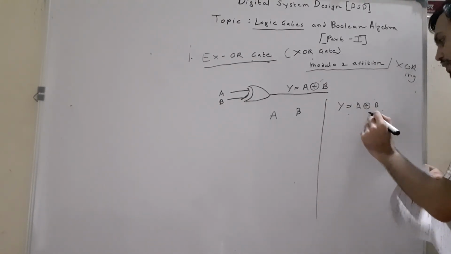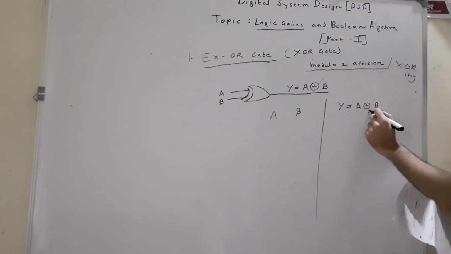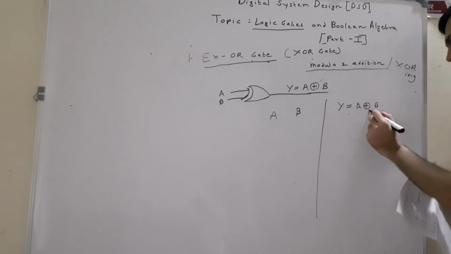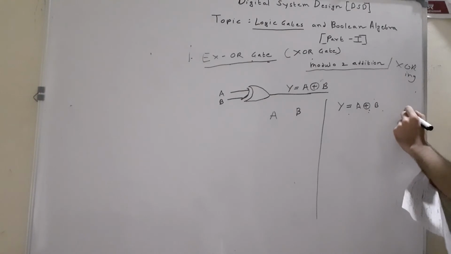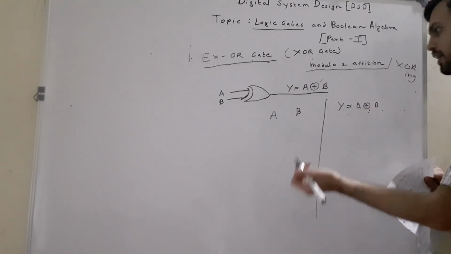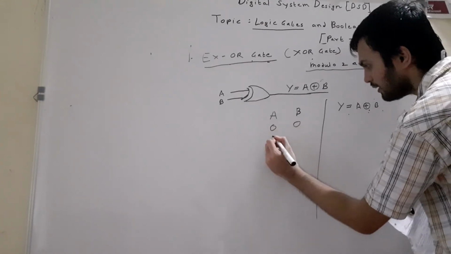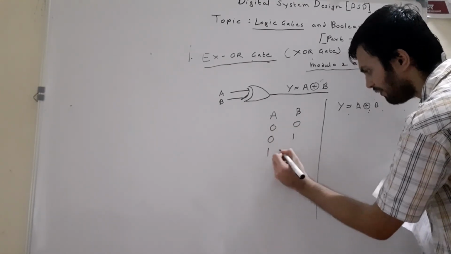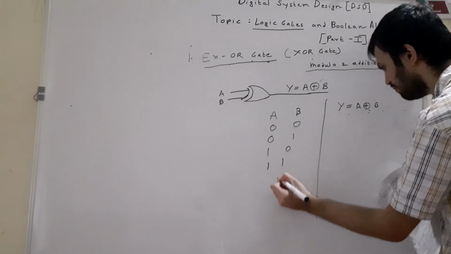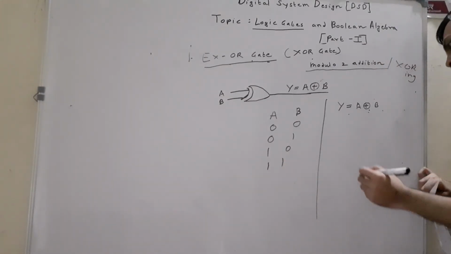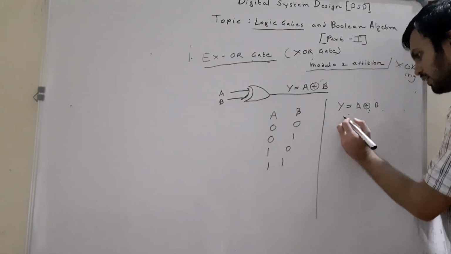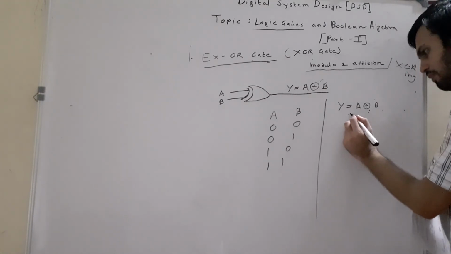Now in future, whenever I see this symbol, I am not going to use the term modulo 2 because it is lengthy, but simply I will use the term A XOR B. So now we have 4 input combinations again: 0 0, 0 1, 1 0, 1 1. So here we have 0 0.